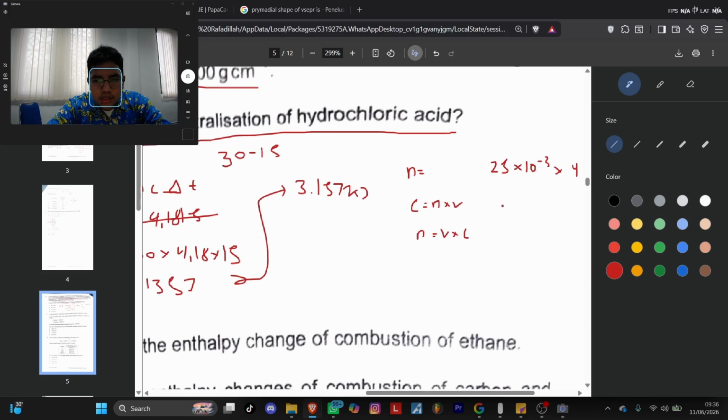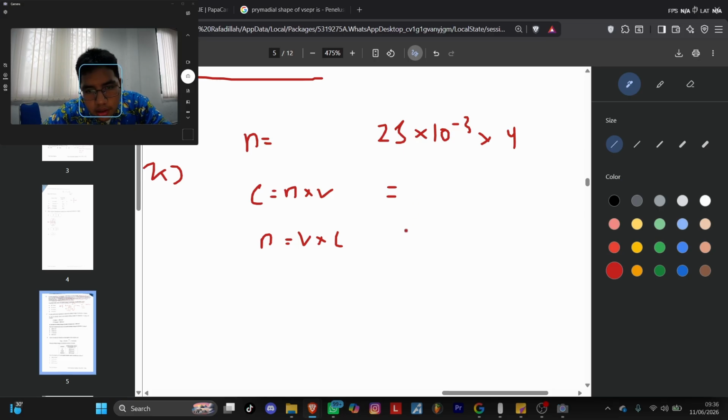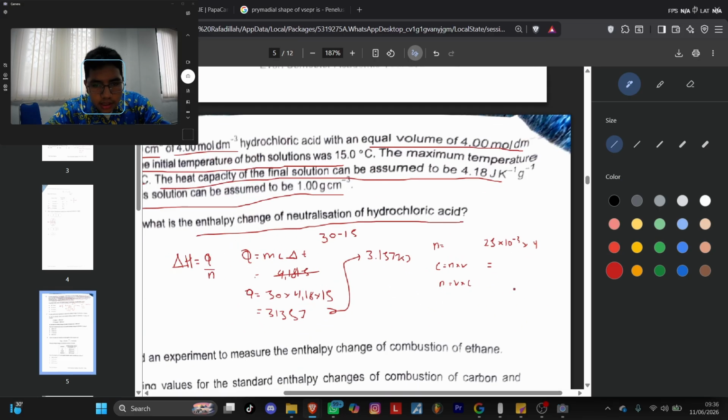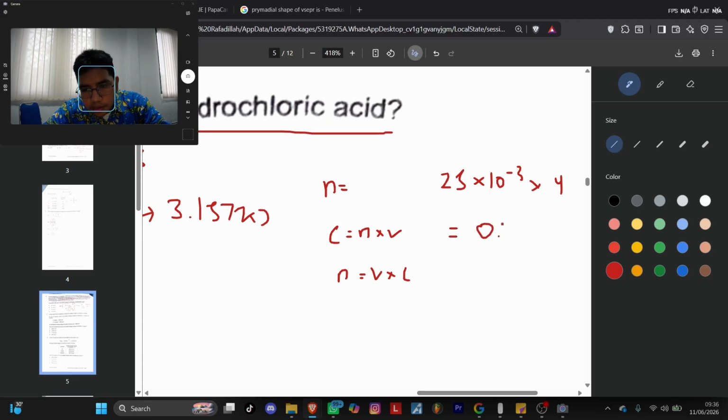So the mole is 25 times 10 minus 3 times 4 equals to 0.1. So the mole of hydrochloric acid is 0.1.